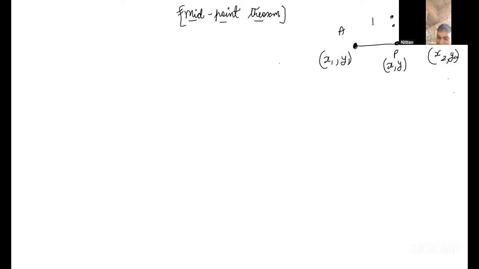So what does this mean? This means that if I write x equals m1 x2 plus m2 x1 upon m1 plus m2, because m1 is 1 and m2 is also 1, I will write 1 into x2 plus 1 into x1 upon 1 plus 1.